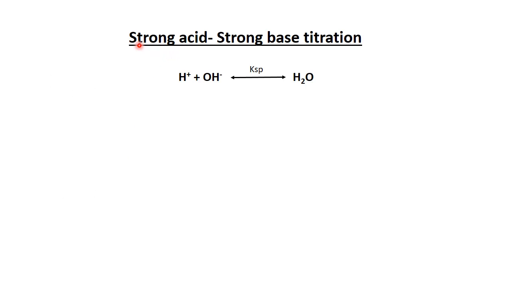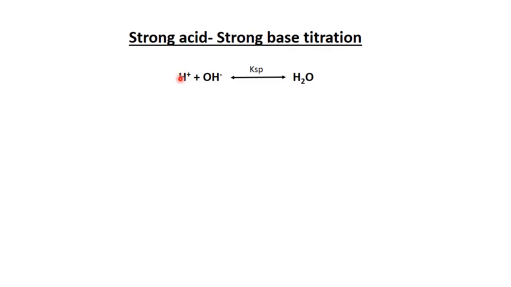When we talk about strong acid and strong base titrations, first we have to know about the reaction. As this acid is really strong, the H+ ions are completely reacted with the OH- ions which are coming from the strong base.